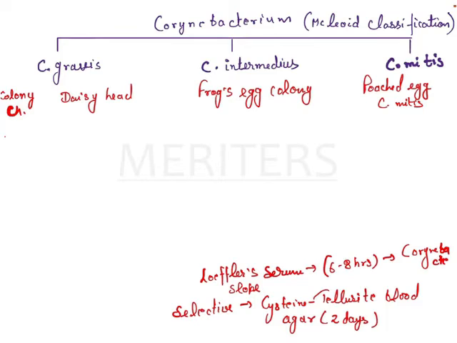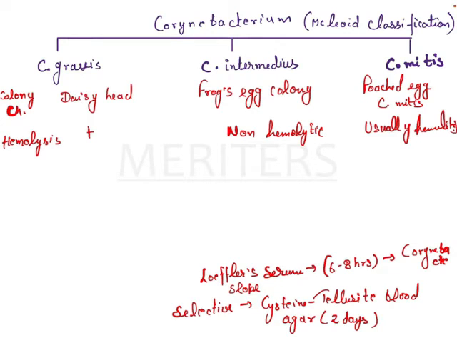Then the second important feature which we have to consider is hemolysis. If we talk about hemolysis, hemolysis is positive in C. gravis, non-hemolytic in intermedius, and usually hemolytic in C. mitis. Here I should make a correction.